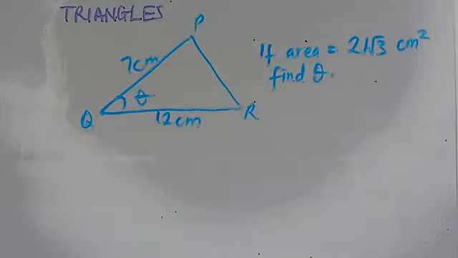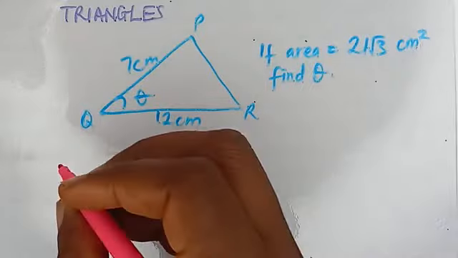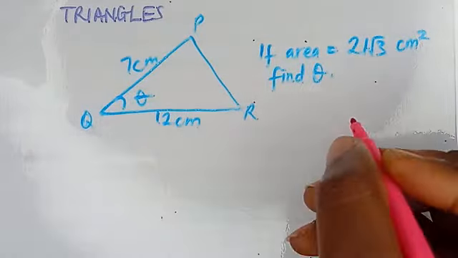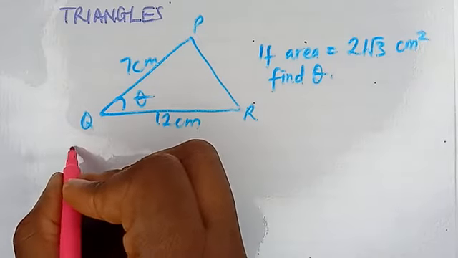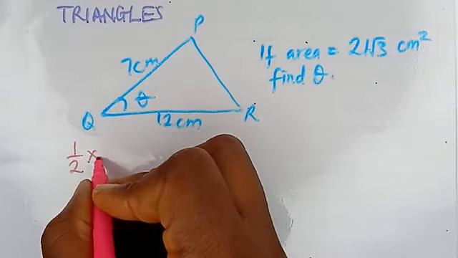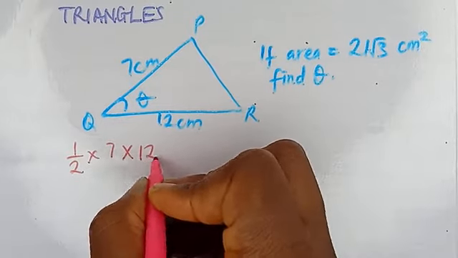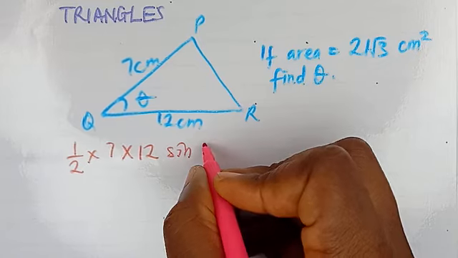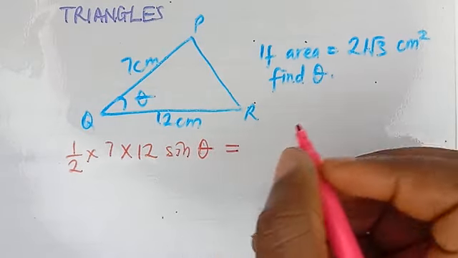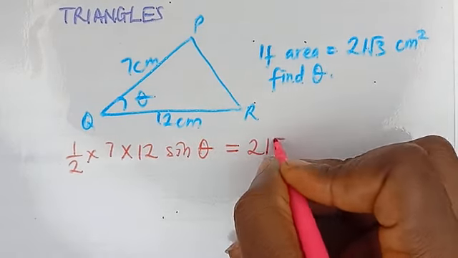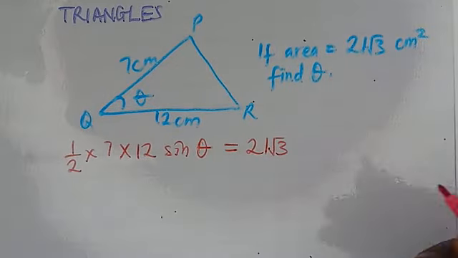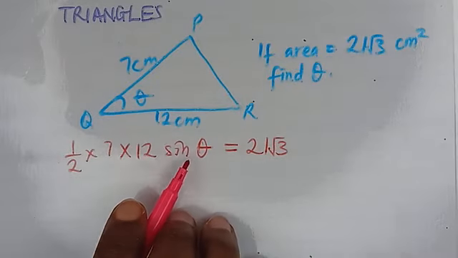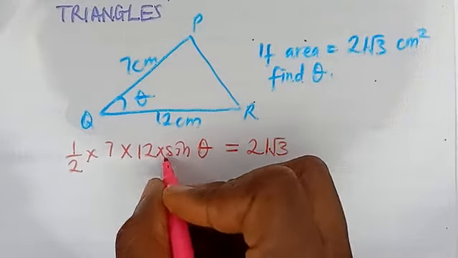So half the product of two sides times the sine of the included angle. So that is what we are going to use. That is half of 7 times 12 sine theta is equal to the area given, which is 21 root 3. Okay, so we are going to now use this to find what theta is.